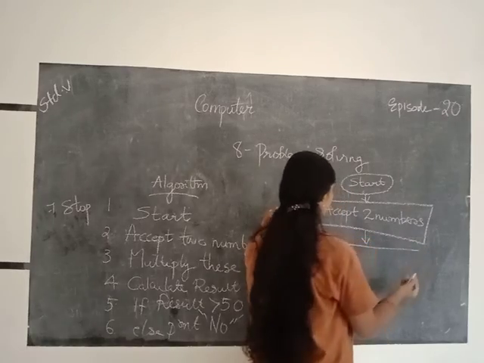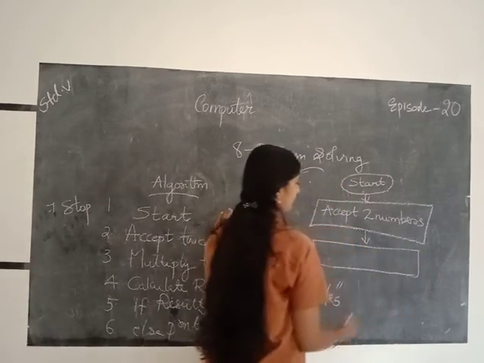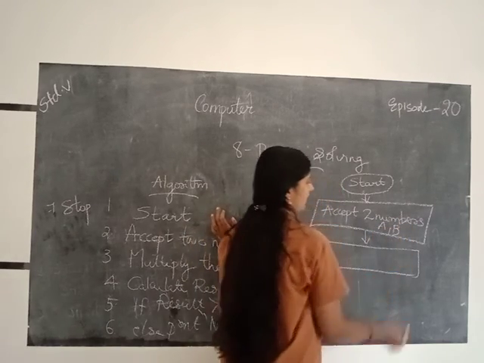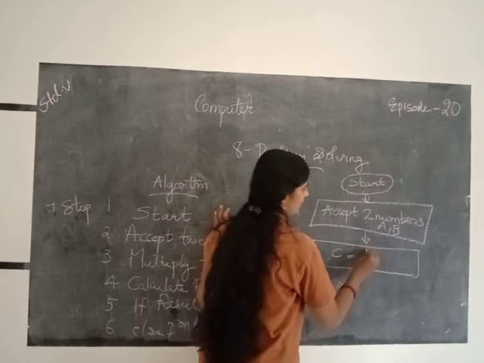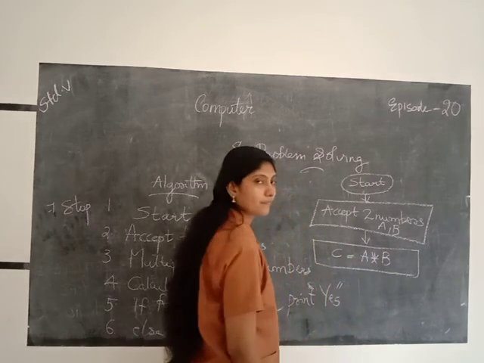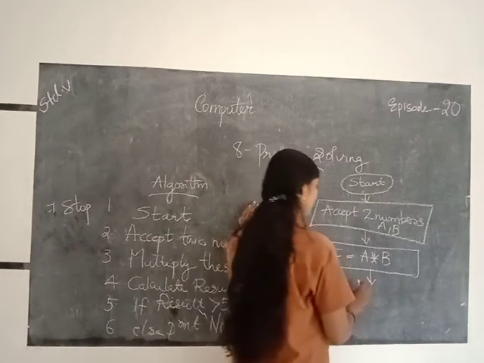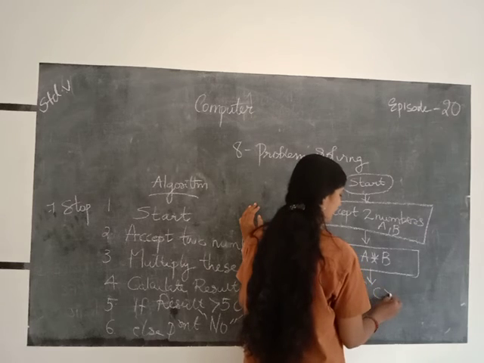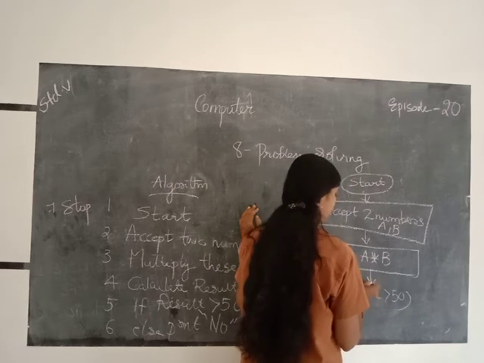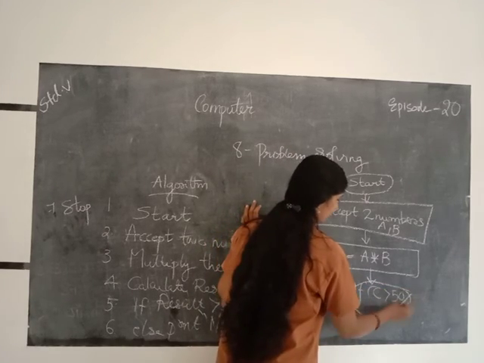So here the process or operation, let's say A, B, and here C equal to A into B. Then if C is greater than 50, that is in the diamond shaped box, the condition box.